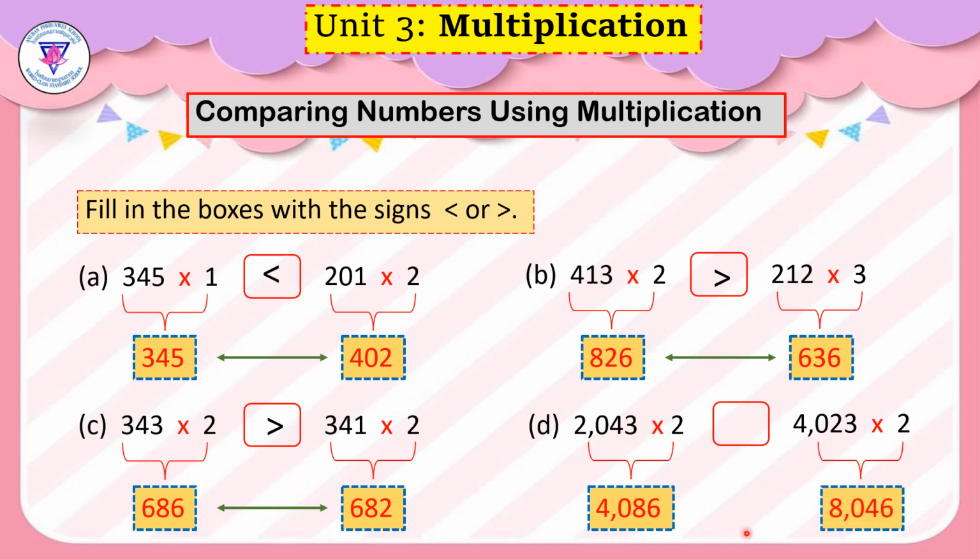And then the second number is 8046. So compare the first digit numbers, which are 4 and 8. So what do you think is the answer? Is it less than or greater than? So the answer is less than. 4086 is less than 8046.